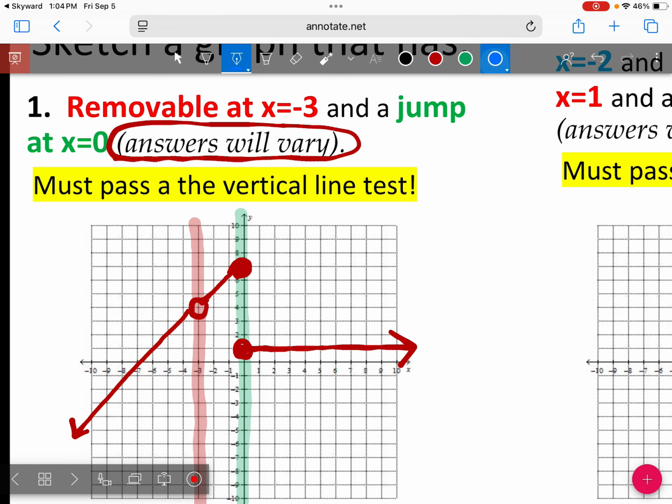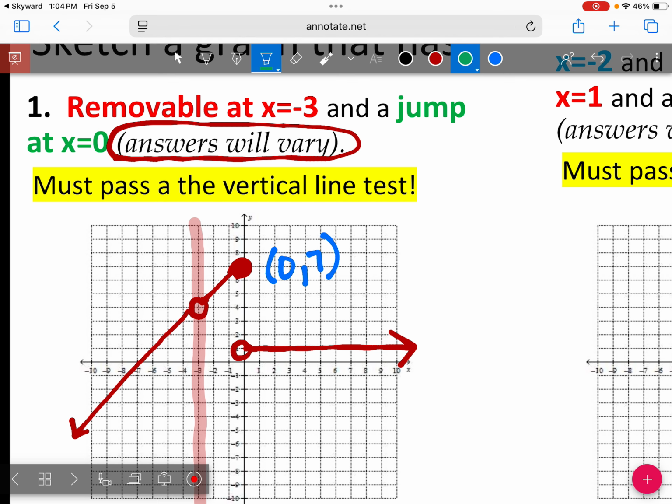If I have 2 closed circles, that means in this scenario, I have a point at 0,7, and I would have a point at 0,1, which, going back to the quiz we took yesterday, we know that in order for it to be a function, x cannot repeat. So one of these points needs to be open, and it doesn't matter which one. You can keep them both open if you want to, but what you cannot have is 2 closed circles.